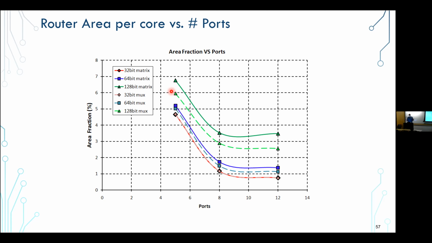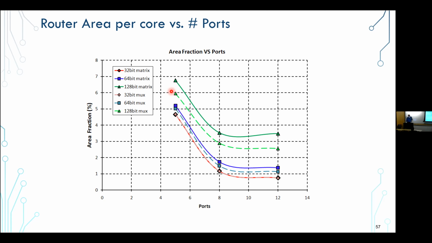If I do CMesh, I basically need 16 of them, etc. So if you increase the concentration, yes, that one router becomes bigger, but I have fewer of them in the system. So the question is, what is the overall area and power overhead of the routing infrastructure compared to the area of the cores? Because the sum of the whole area of the cores is really my total compute, and I want to know what my total networking is and how these two balance together. Right? That's really what matters, not how big a single router is.